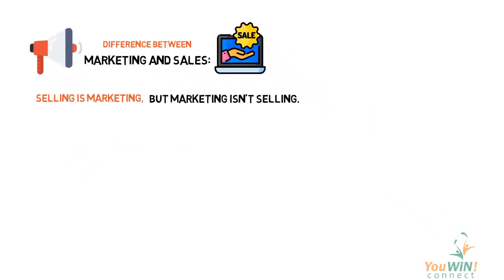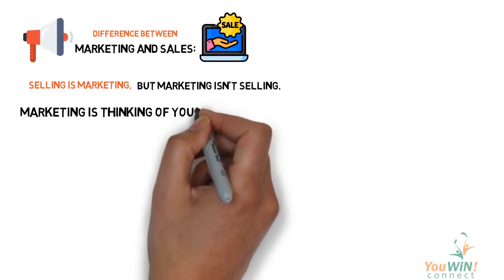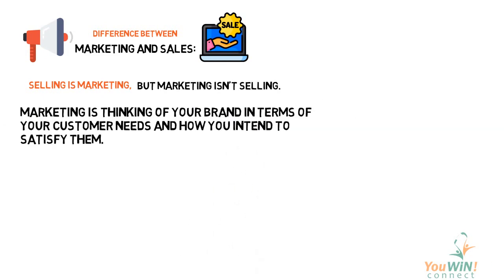But marketing is not selling, because when you are marketing, it really is thinking of your brand in terms of your customer needs and how you intend to satisfy them.